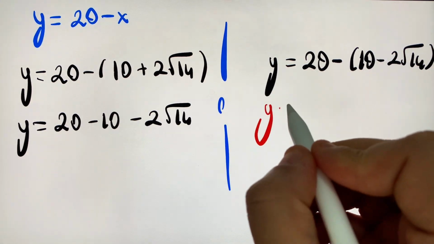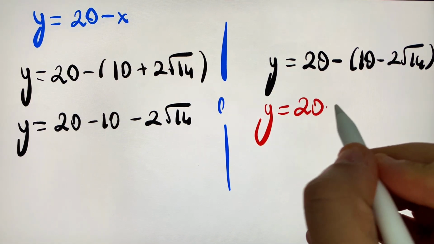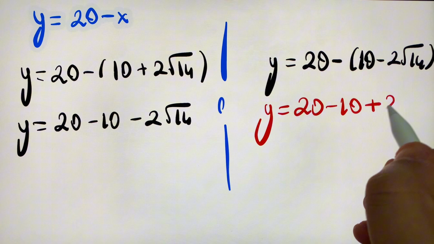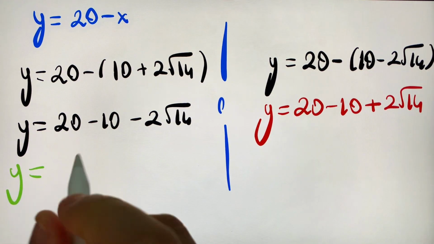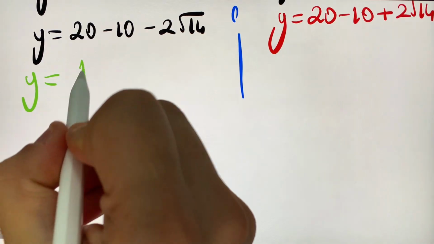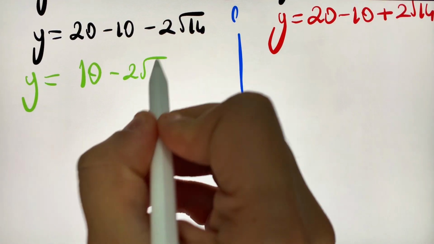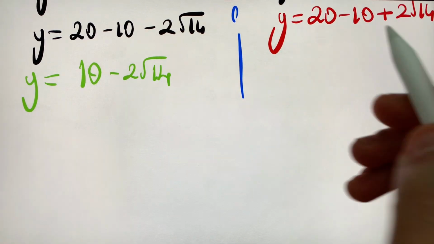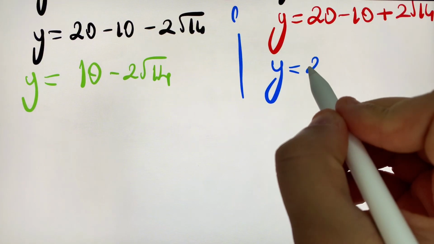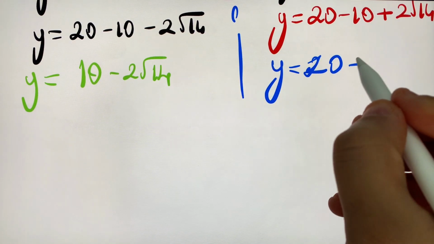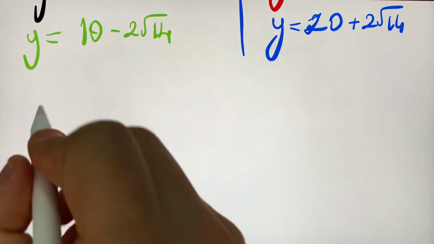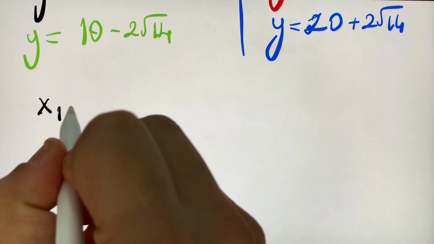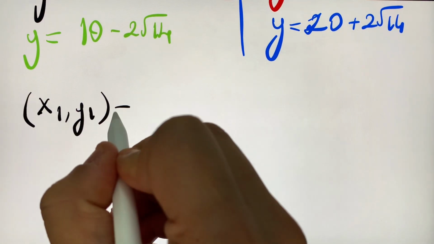And in the second case, y is equal to 10 plus 2 root 14. So what will be the answers we call x1, y1?